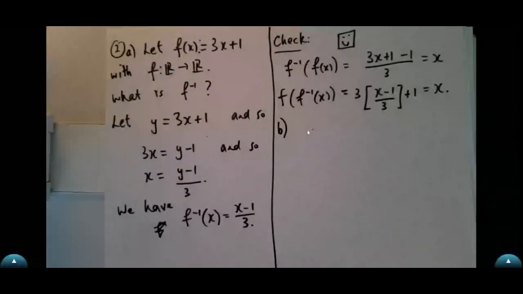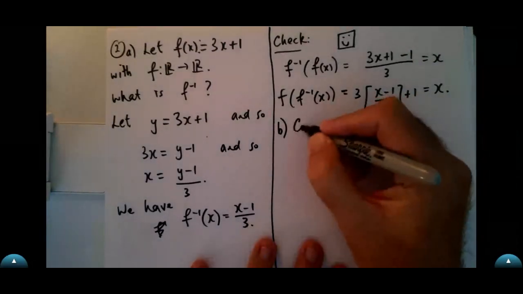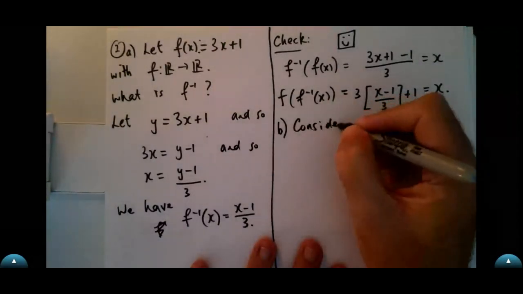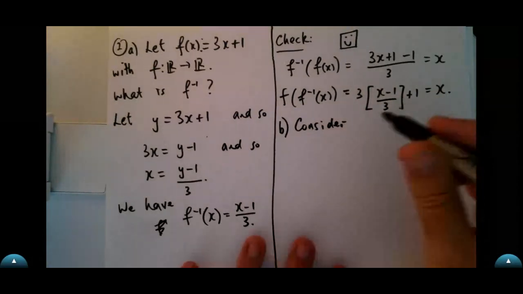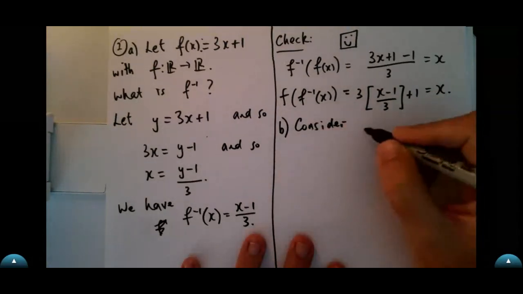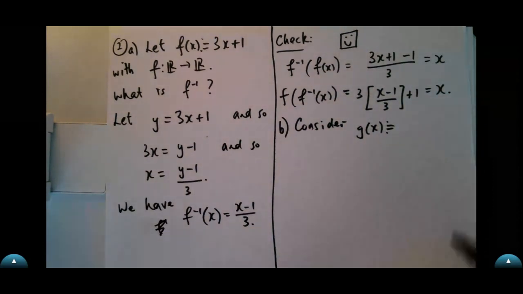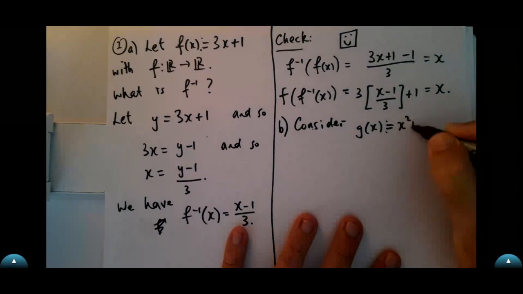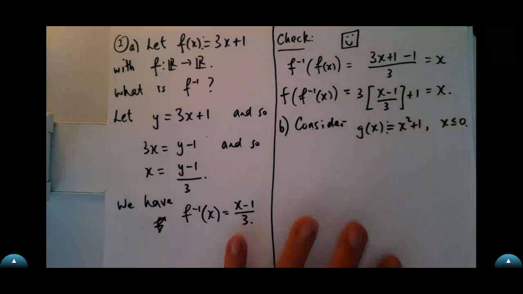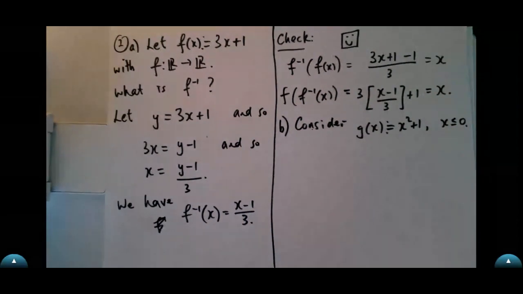So let me share my screen via the document camera. Okay, so consider, yeah, we'll call it G. So this is going to be defined by x squared plus 1 for x less than or equal to 0. Okay?